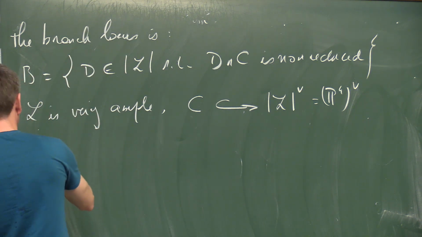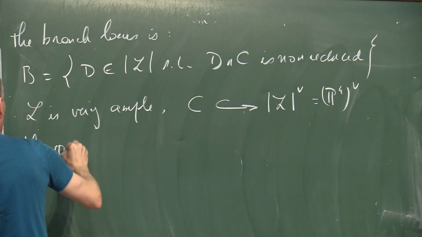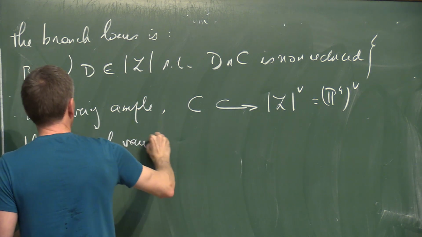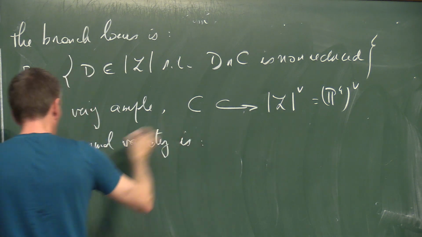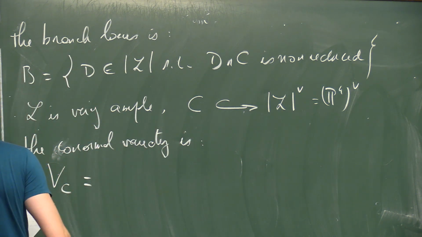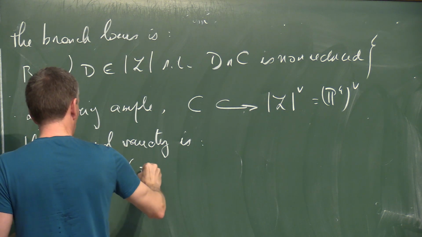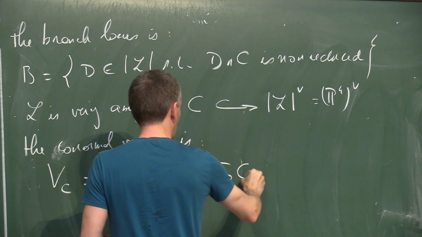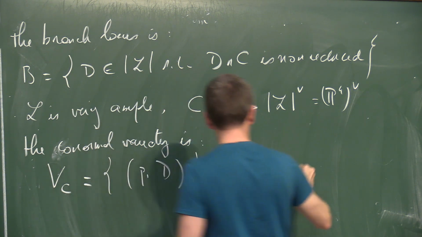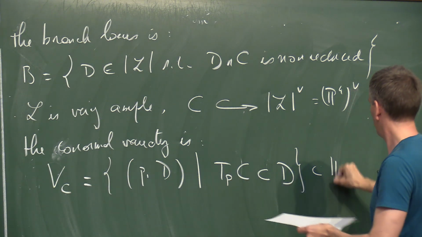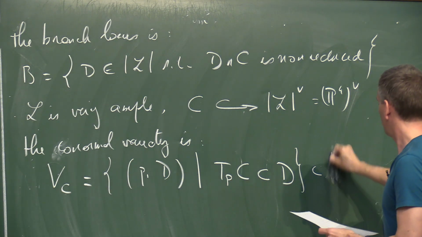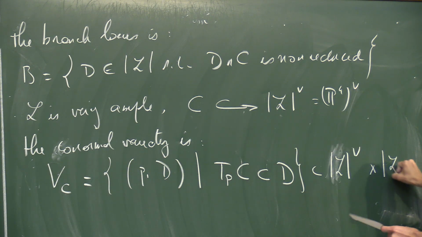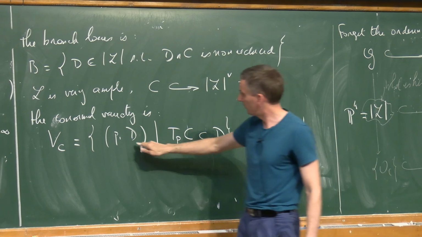and the conormal variety of this embedding is a set of pairs, a point and a cubic, such that the tangent line at this point is contained in D, where P is the point on the curve, and L is the linear system for the divisor for the cubic.